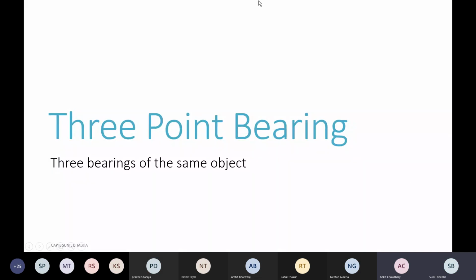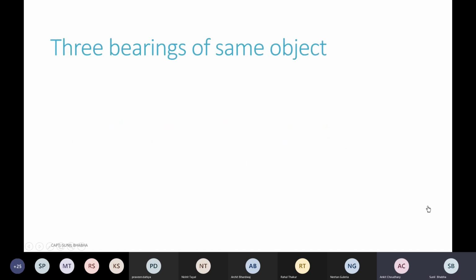Let's move on to our next topic now, which is 3-point bearing. This is also known as three bearings of the same object. Let's first of all see what data, what information is given to us in these kind of questions. We are given three bearings of a particular object, of the same object.